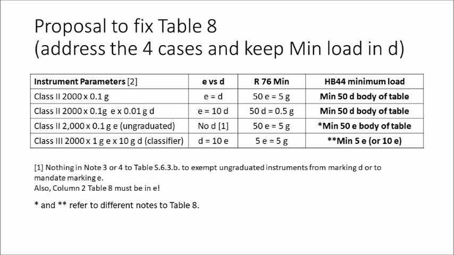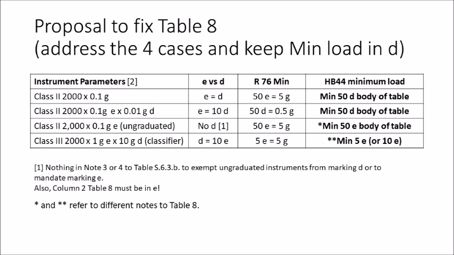And then for the weight classifier where D equals 10E, the R76 is 5E, and we should change Handbook 44 to 5E. Now if you really think 10 is a better number, it still has to be E.